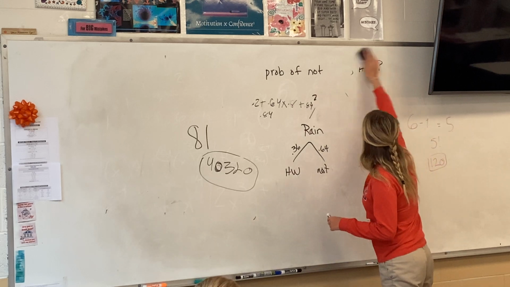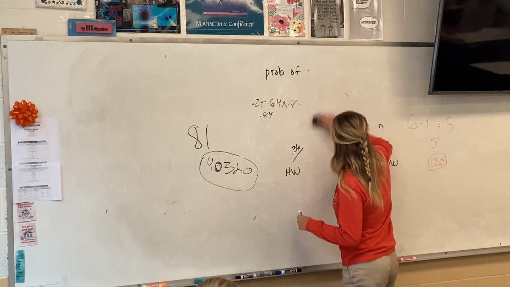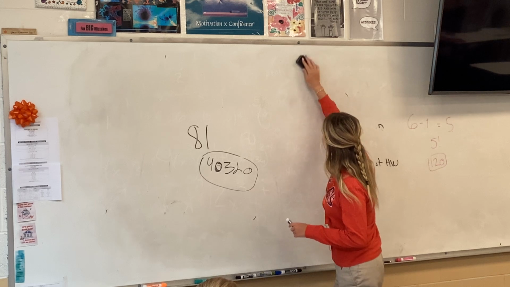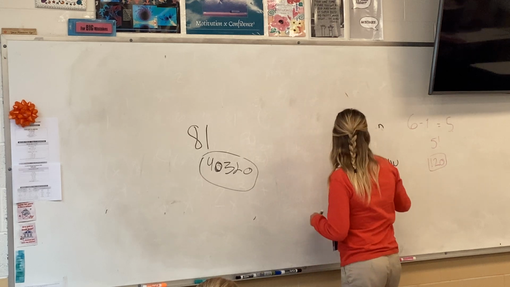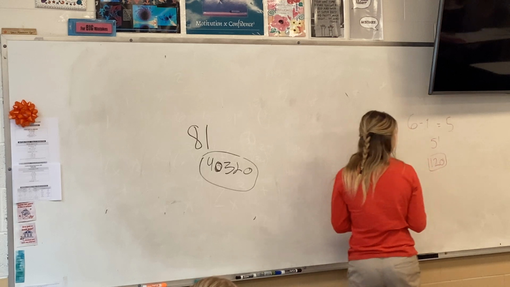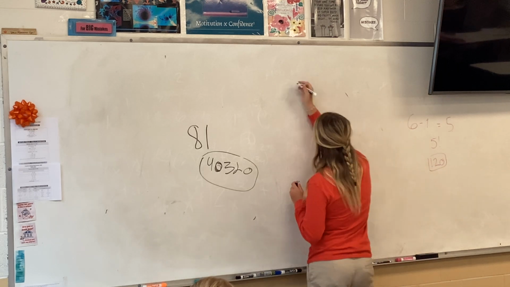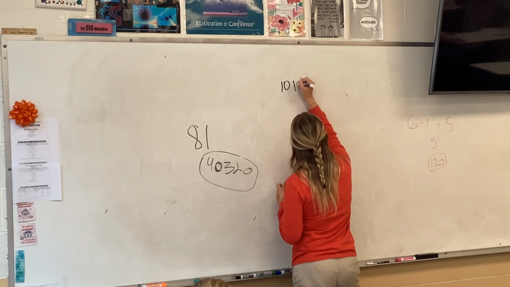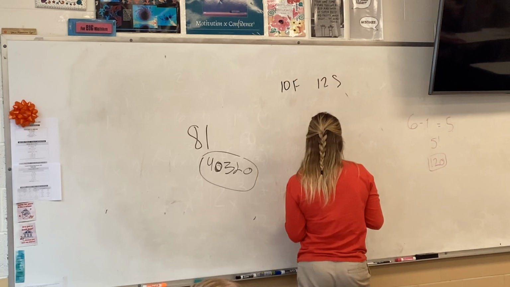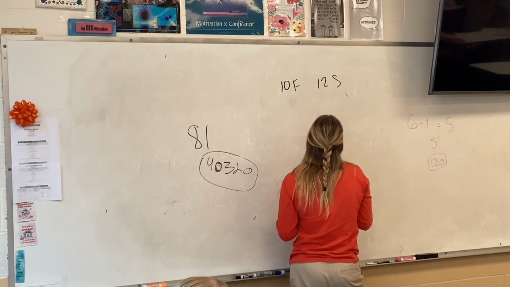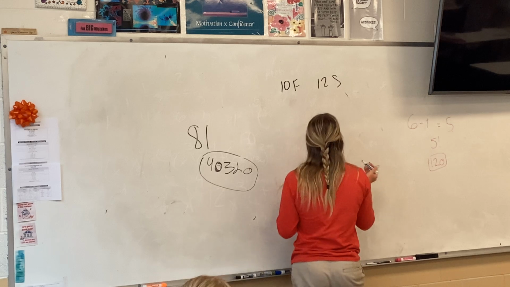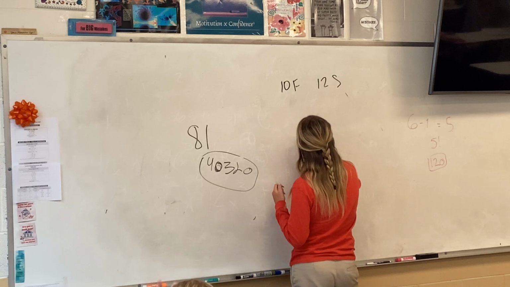Okay. So Julia, I have 10 freshmen and 12 sophomores. And for some reason, I need to make a committee of them. And I need to pick 3 freshmen and 3 sophomores.